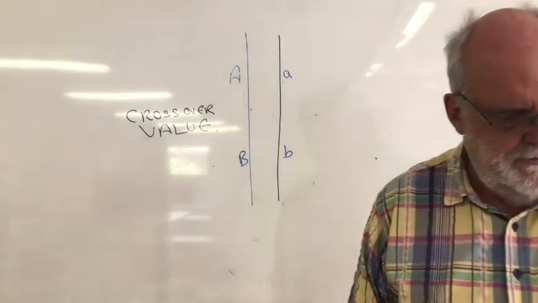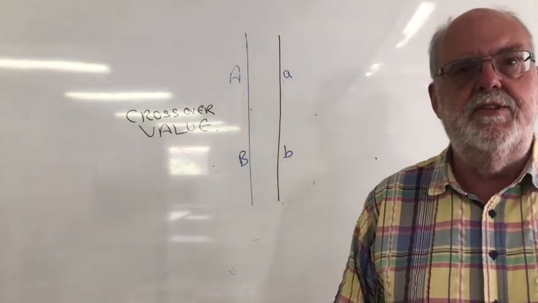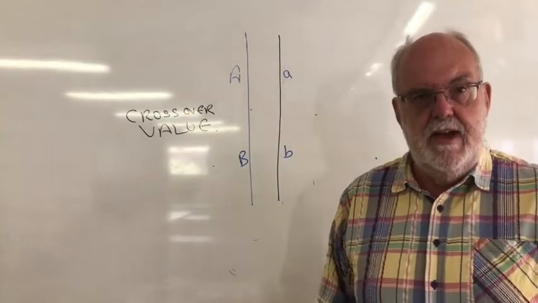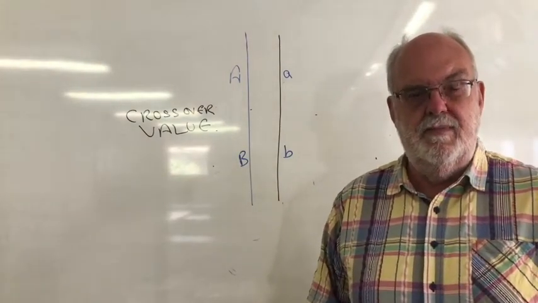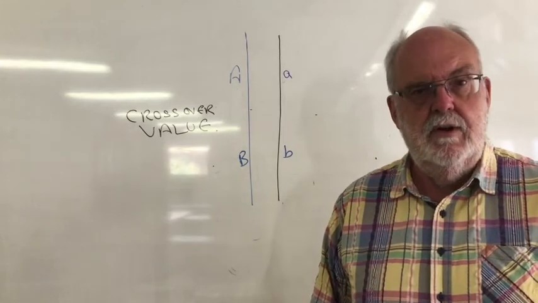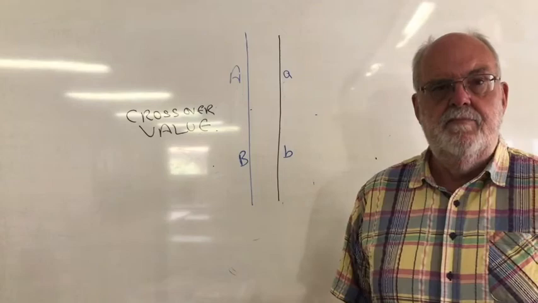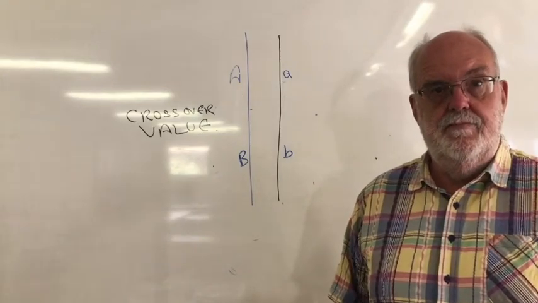Now, to finish off, this is just the first of 3 different explanations for variation in organisms. You'll remember when we looked at meiosis, the whole point of meiosis is to create variation, and it does it in 3 ways.